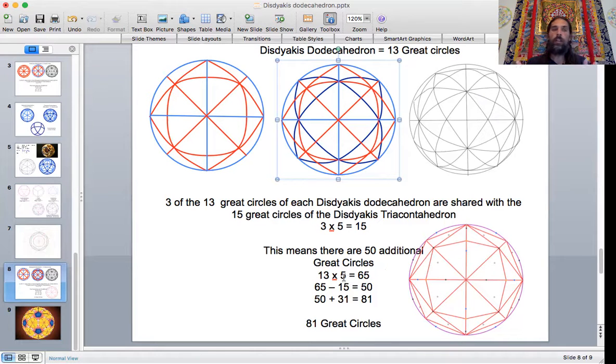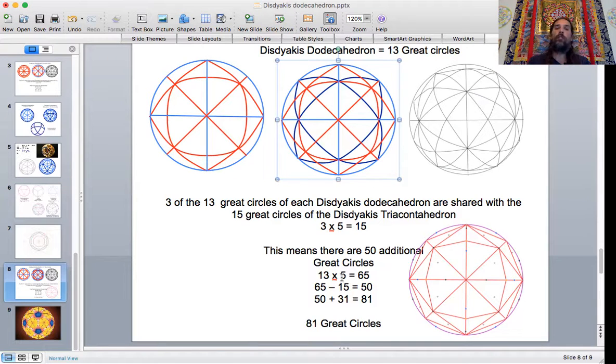Remember, the form that I created, which I'll show you in the last image, which they're calling the geohedron, has got 81 great circles now, but it has 5 cubeoctahedrons, so it's got 5 disdyakis dodecahedrons in it. That means there's 5 of them oriented to the shape of a regular dodecahedron, the 12-sided dodecahedron, because that has 5 cubes in it. And you'll see this in my other video. I show you that the dodecahedron has 5 cubes if you're not aware of that.